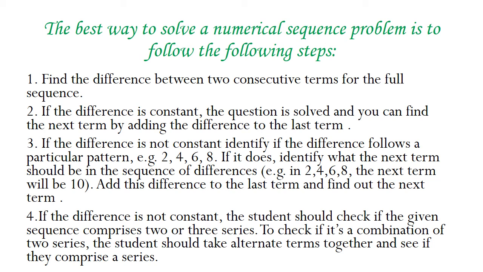For example, in the initial examples, we see that the difference is constant: 2, 2, 2. So we simply add it to the last number. Now, if the differences are like 2, 4, 6, 8, identify what the next term should be in the sequence of differences. In the example 2, 4, 6, 8, the next term will be 10. Add this difference to the last term and find out the next answer.